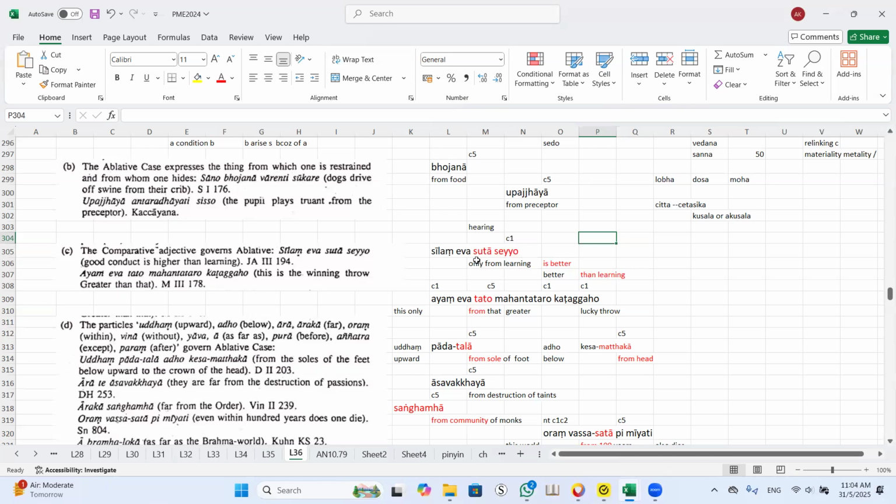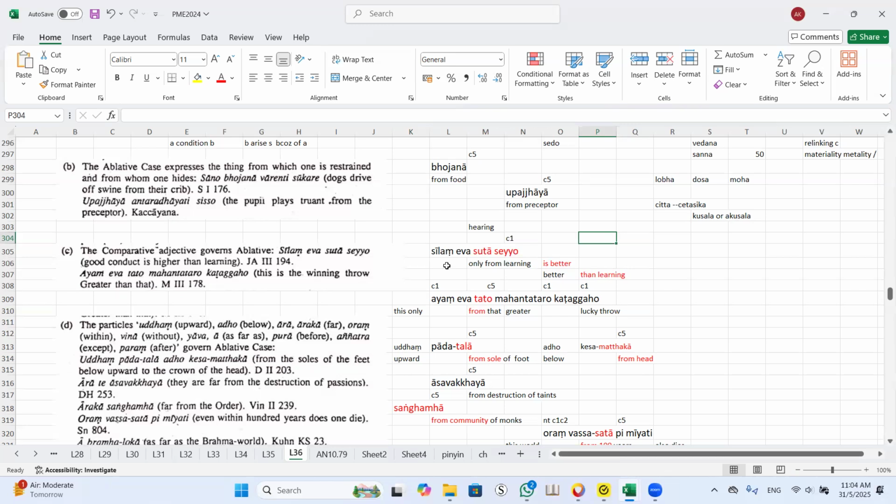Okay, so from learning. Can you see the word "from" already here? So this word is "better". Same case. So it is only from learning is better. The word better normally goes well with English "better than".